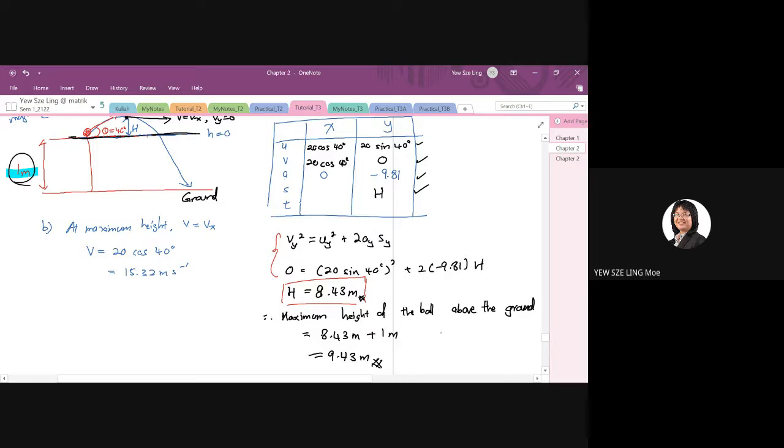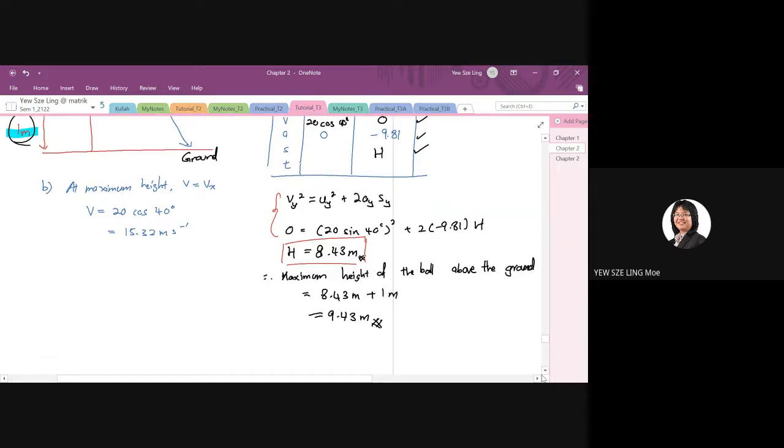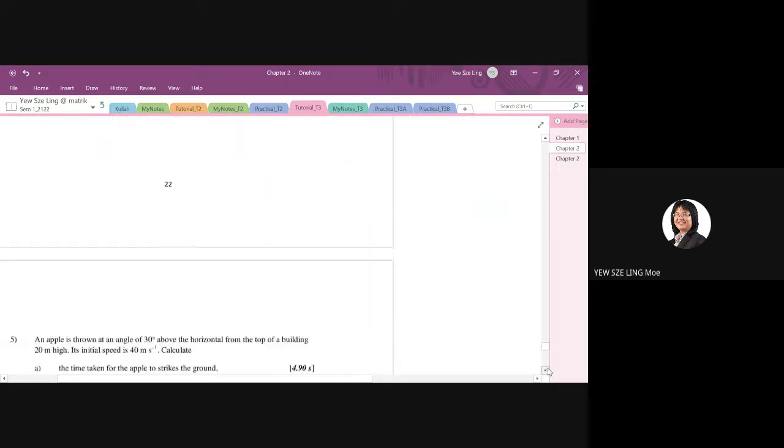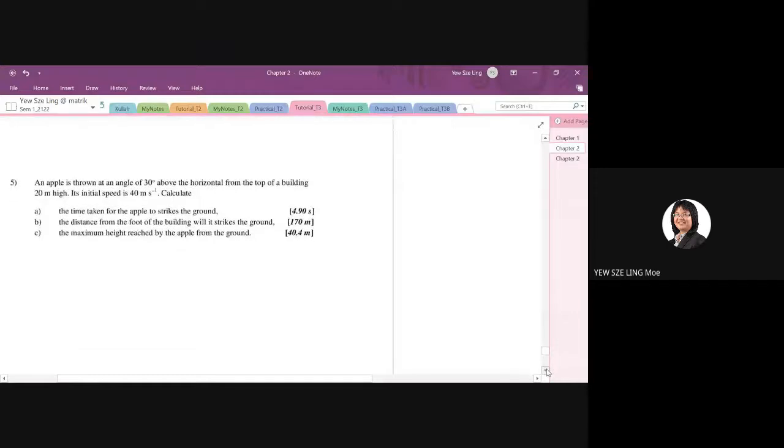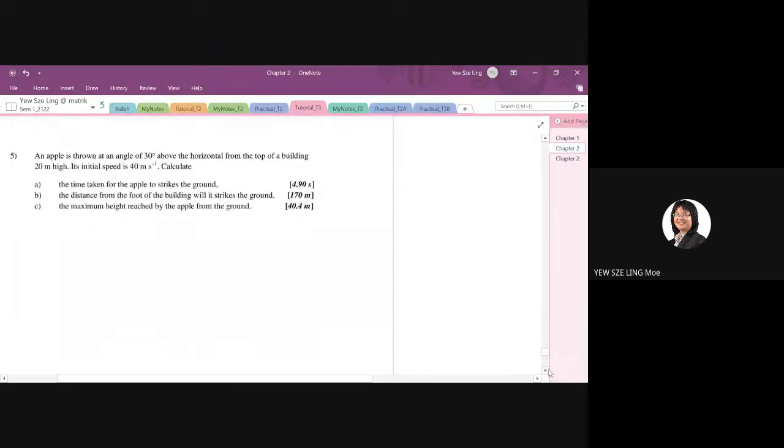Okay, so this is a very simple question. Now let's look at question 5. Question 5 is very similar to question 4.